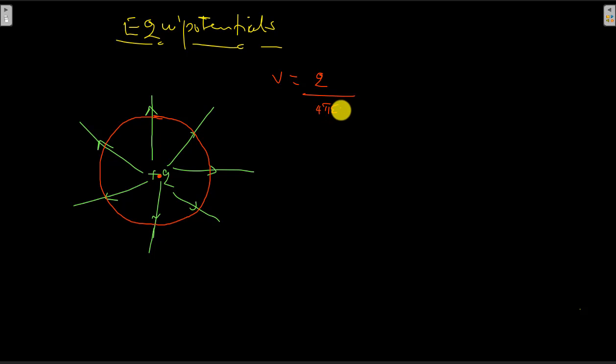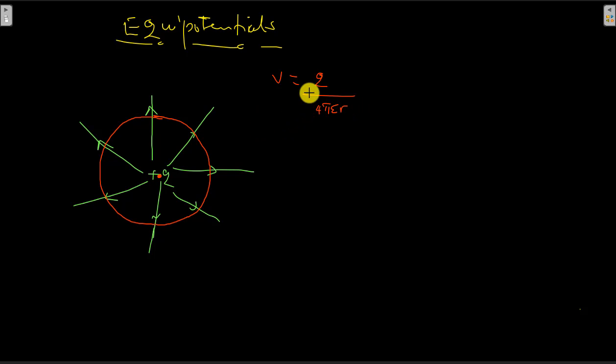This is the expression for electric potential of a point charge. From this expression, we can say that all points on this circle have the same potential, since they have the same distance from the point charge itself.